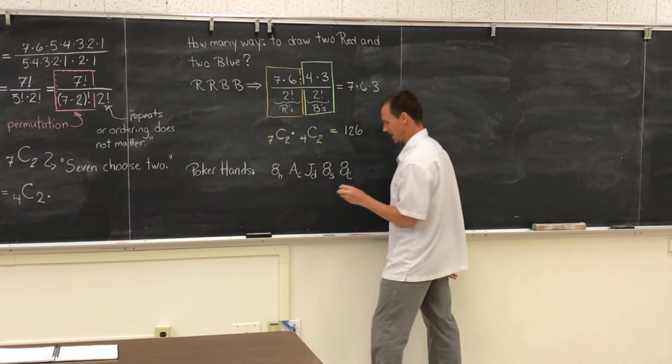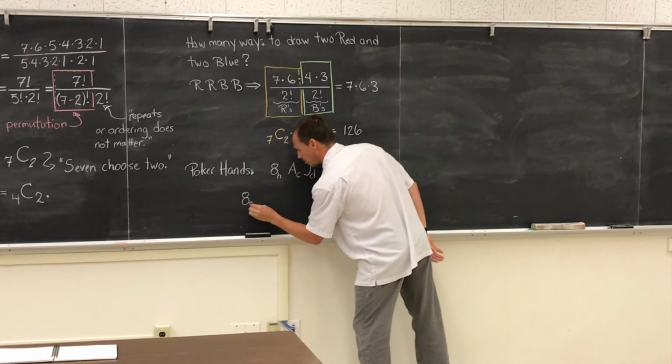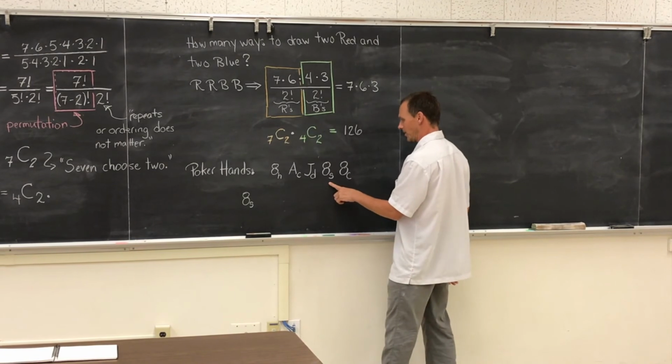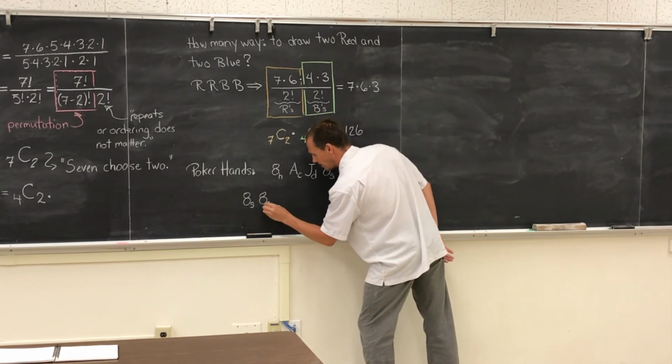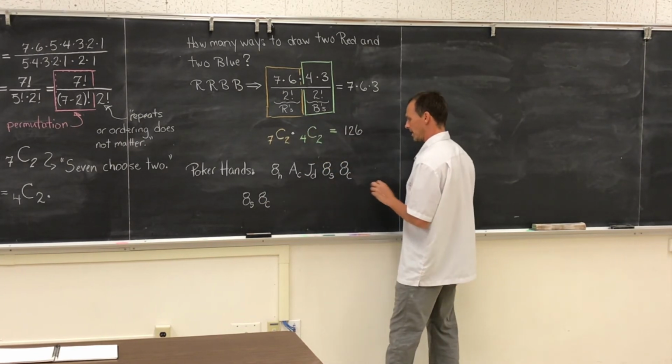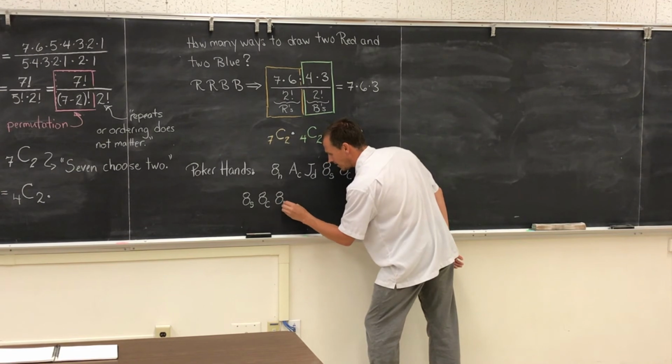Well, what might happen? You might have something like 8 of spades. Let's put that one there. Then let's put the 8 of clubs. And then let's put all of our 8s together, the 8 of hearts.